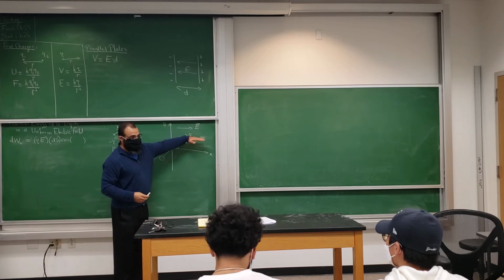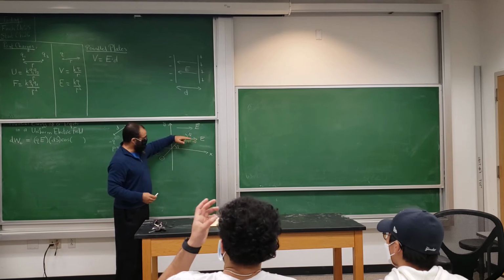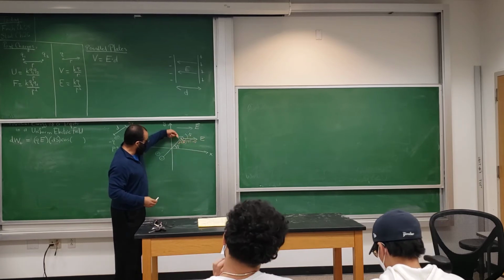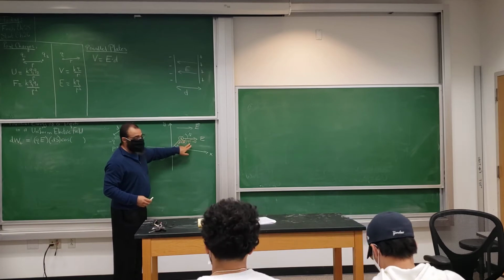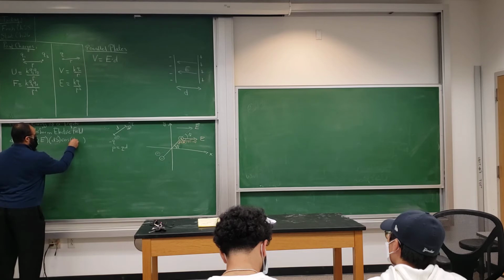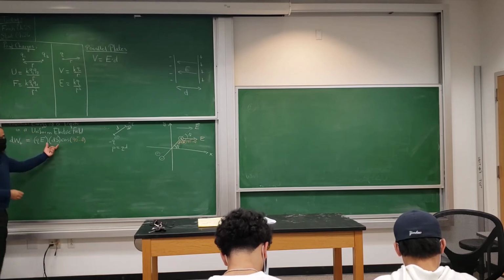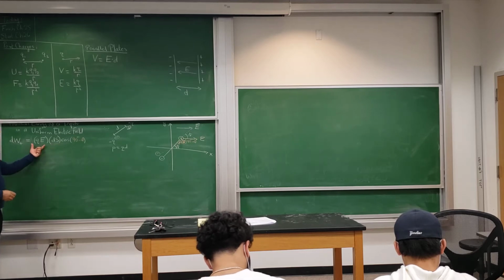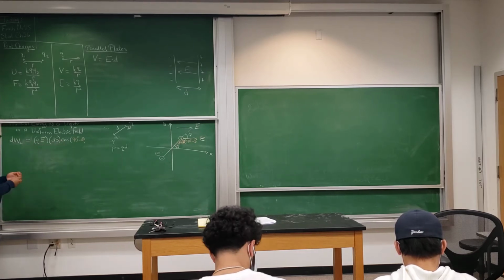The force is this way, since the charge is positive, so qE is in that direction. The displacement is this way, so the angle they make with each other is 90 minus phi. Again, this is the magnitude of the displacement and the magnitude of the force, and this is the cosine of the angle between them.